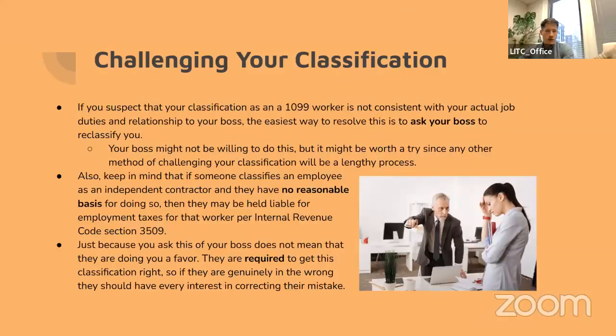If you think that you're an employee, you can simply ask your boss or whoever's in charge of that, your HR department, to reclassify you. But keep in mind that if your employer does not reclassify you and they don't have a reasonable basis for doing so, they can be held liable for that half portion of the self-employment taxes that we mentioned. So employers are required to report this classification correctly.